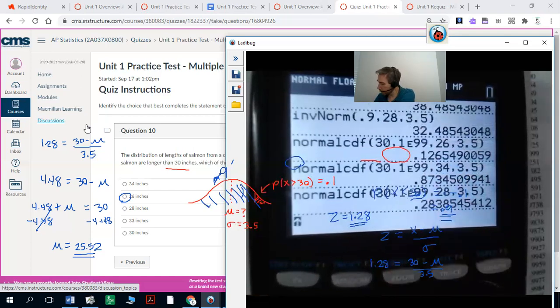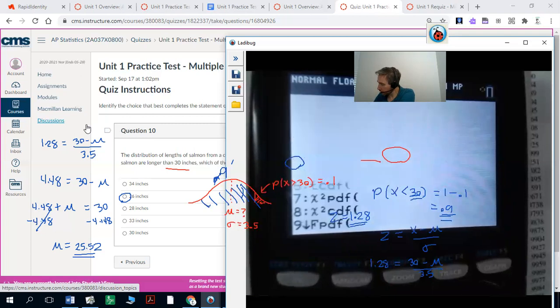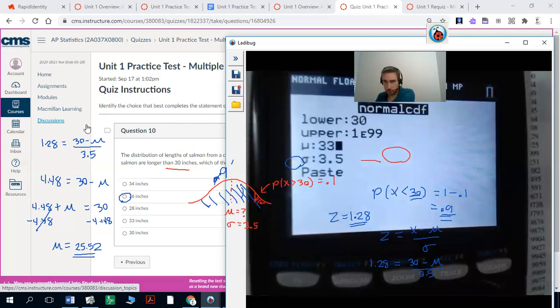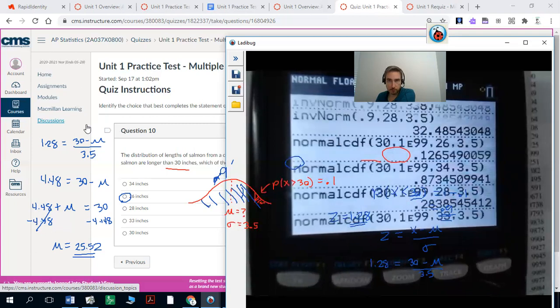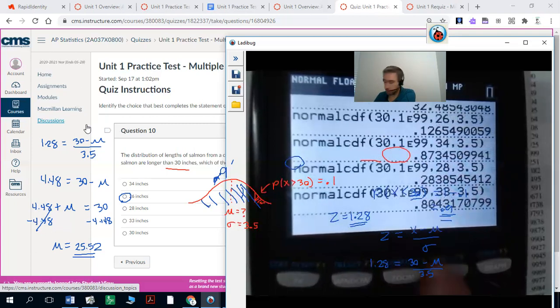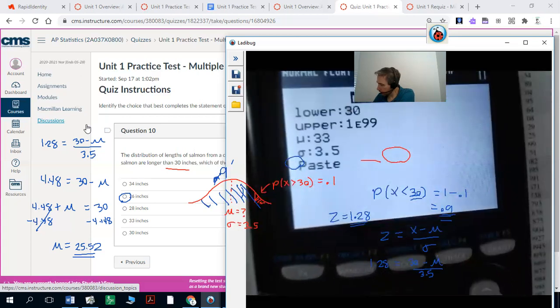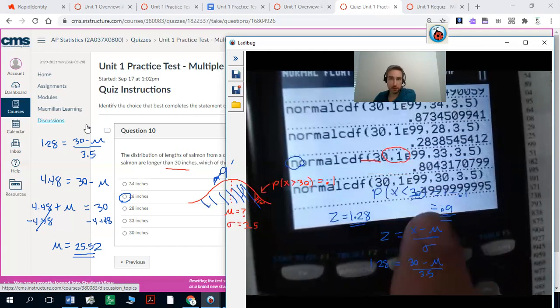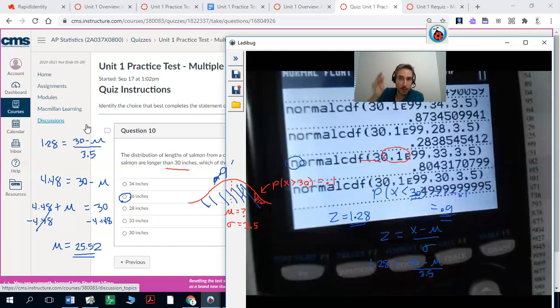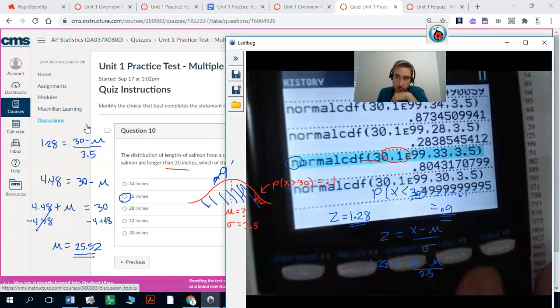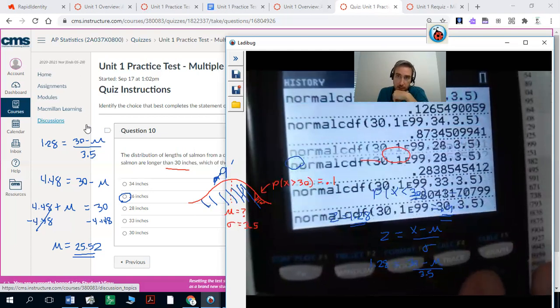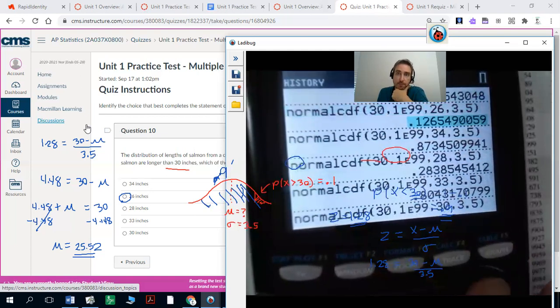That's too high. That's way too high. And 30, well, that's going to be 50% because 30 is the same as the mean in that case. So even though we don't have something super close to 10%, this number would be the closest to 10%.